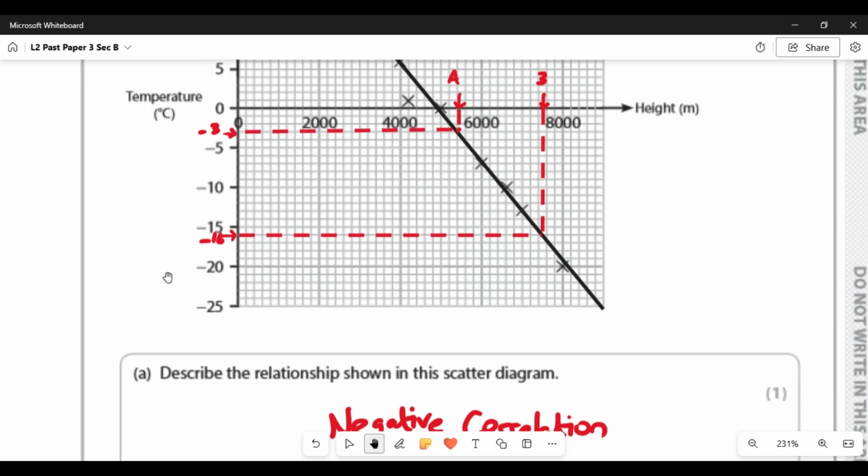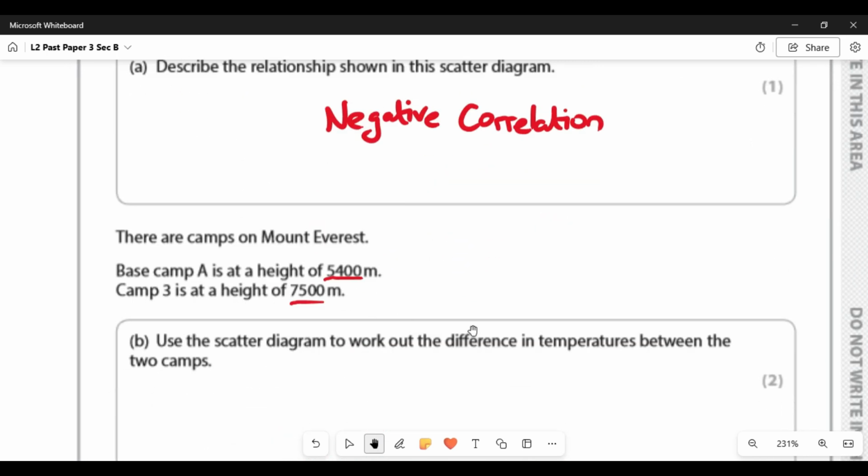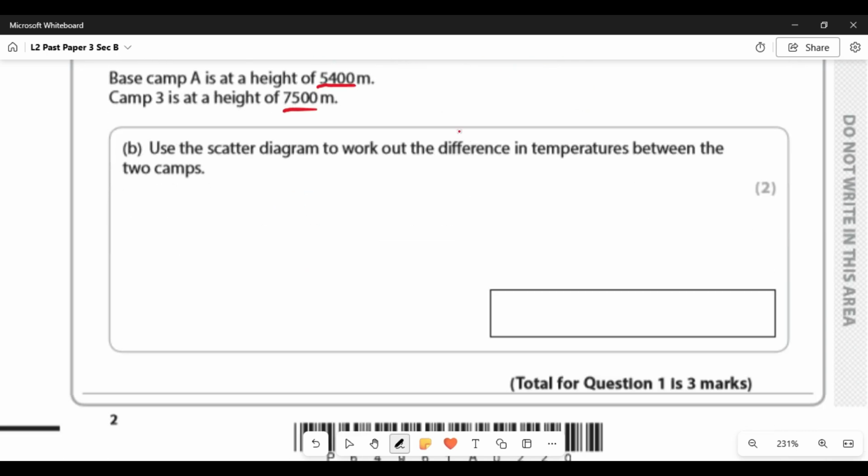So I reckon the answer is going to be 13 for me, and it will be a positive answer, because it's the difference between two temperatures, which will always be positive. So just be careful. If you put a negative answer, it would be wrong. So in my situation, my answer is 13 degrees C. That's the difference between them.